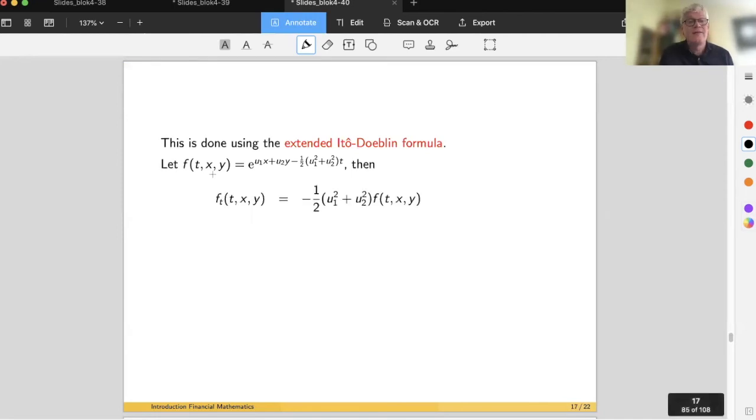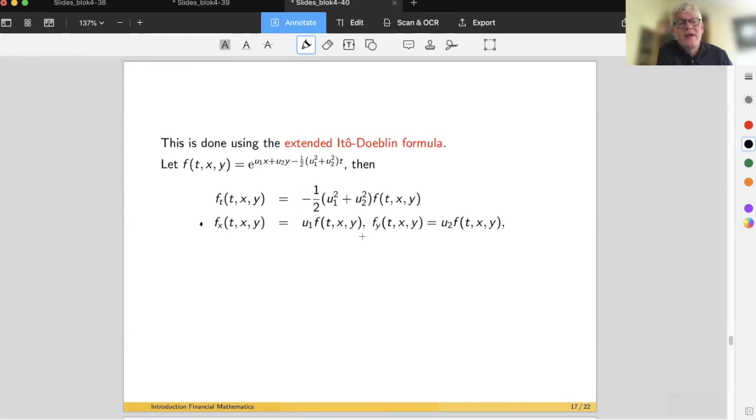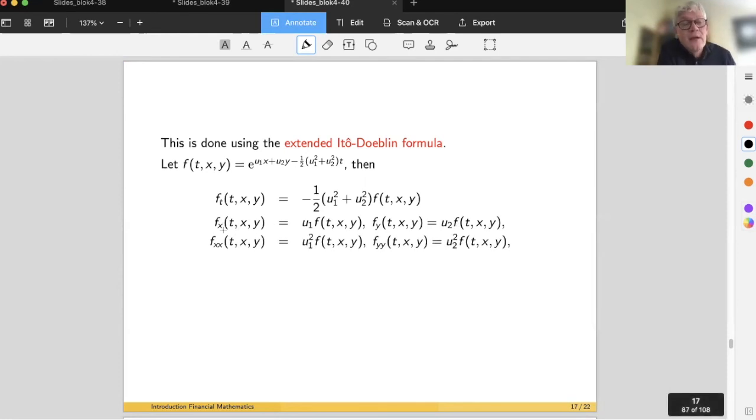The first derivative with respect to t is minus 1/2 (u1 squared plus u2 squared) times f. The first derivative with respect to x is u1 times f, and with respect to y is u2 times f. The second derivative with respect to x is u1 squared times f, and with respect to y is u2 squared times f.